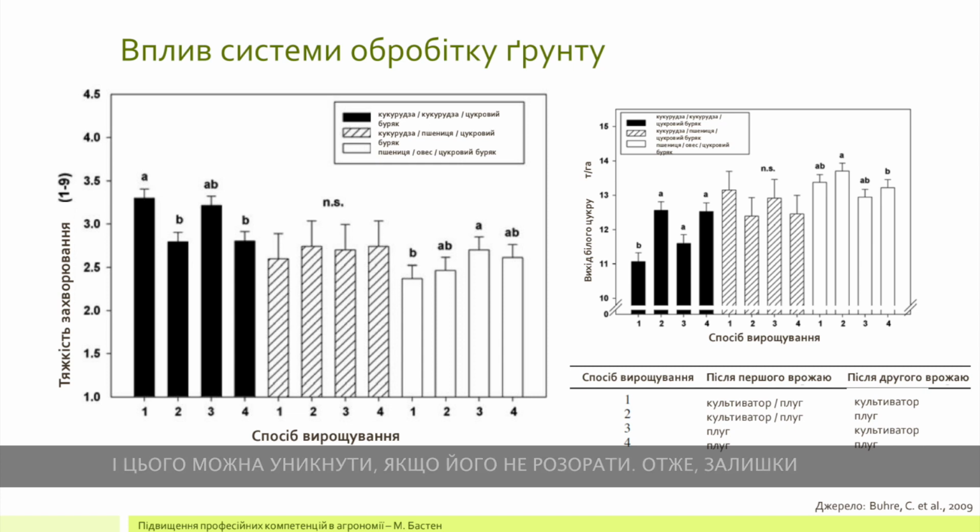So the residues are more on the surface and cannot contribute to the growth of the Rhizoctonia fungi. The most significant effects we have in the maize sugar beet rotation when it comes to disease severity. And here it looks like that plowing, if the maize crop is just before the sugar beet, plowing is mandatory.